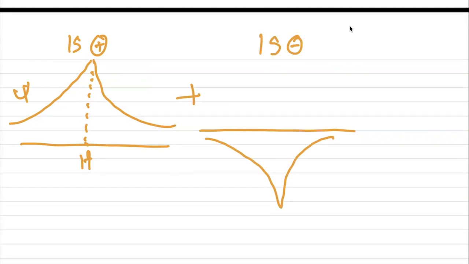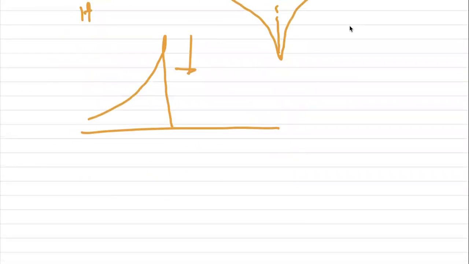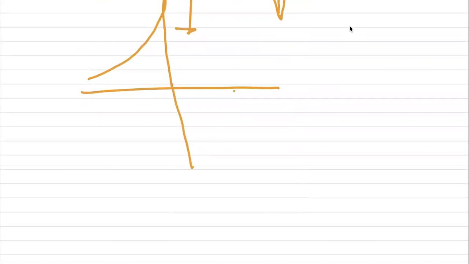Obviously, when it is negative, we'll get an opposite curve because it is negative. When interaction takes place, the graph will be like this. One will be on the upper side, one on the lower side.